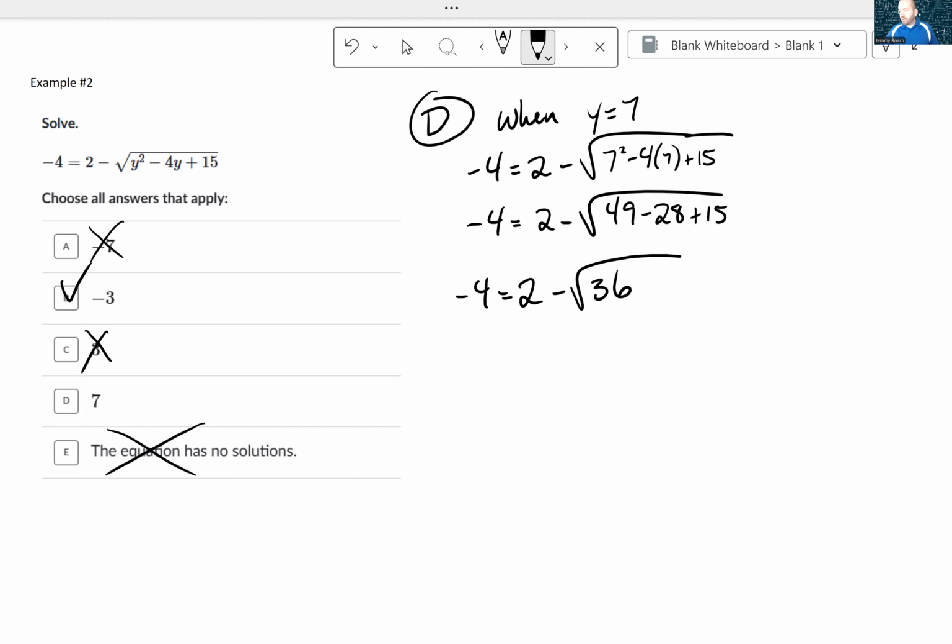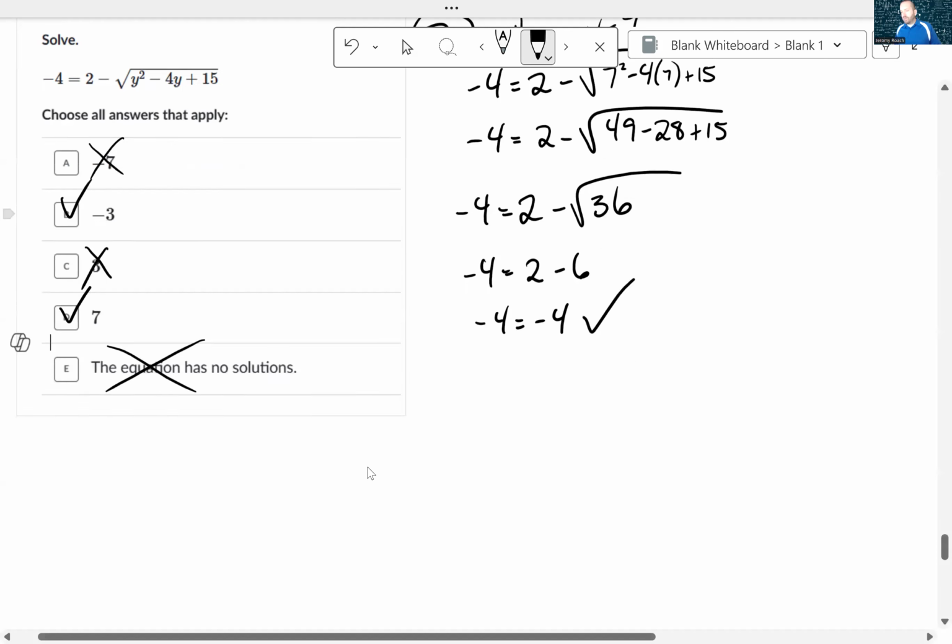Square root of 36 is 6. And it looks like we get the same thing as before. Negative 4 equals negative 4. And that's a true statement. So it looks like our answers are negative 3 and 7.